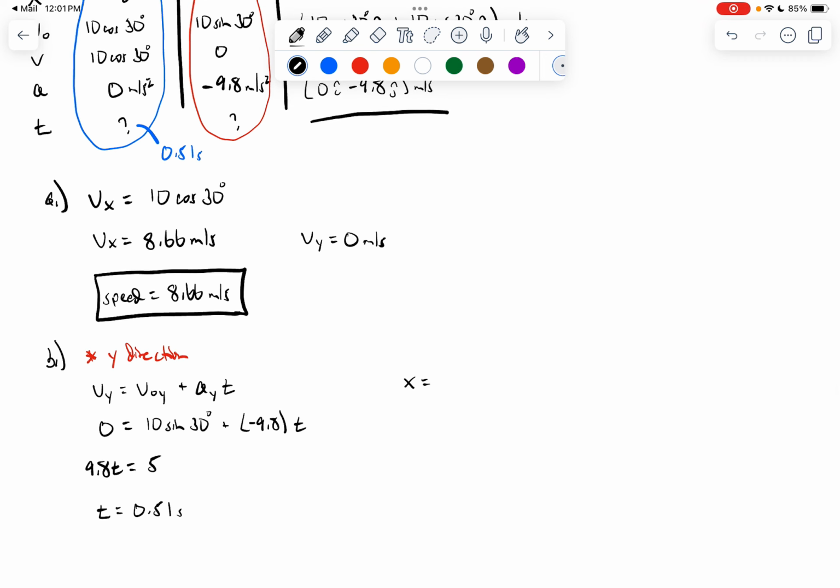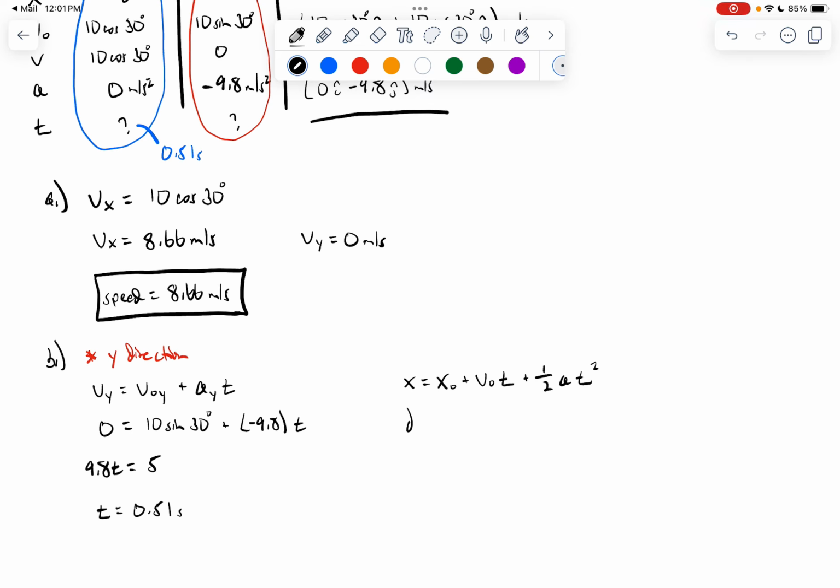So from here, we can use our final position equal to initial position plus initial velocity multiplied by time plus 1/2 times our acceleration multiplied by t squared.